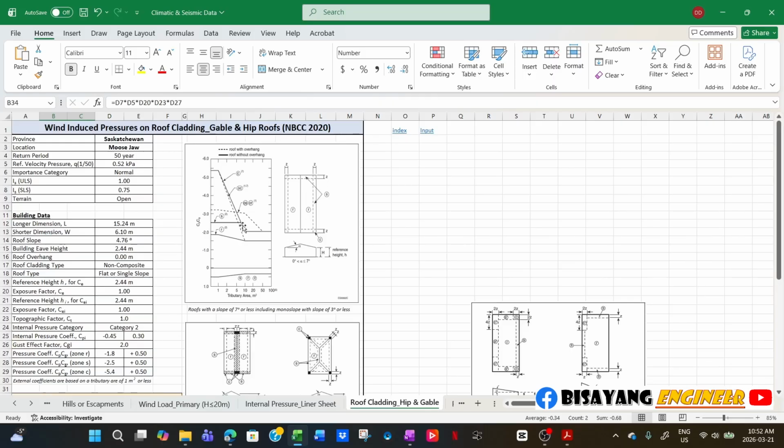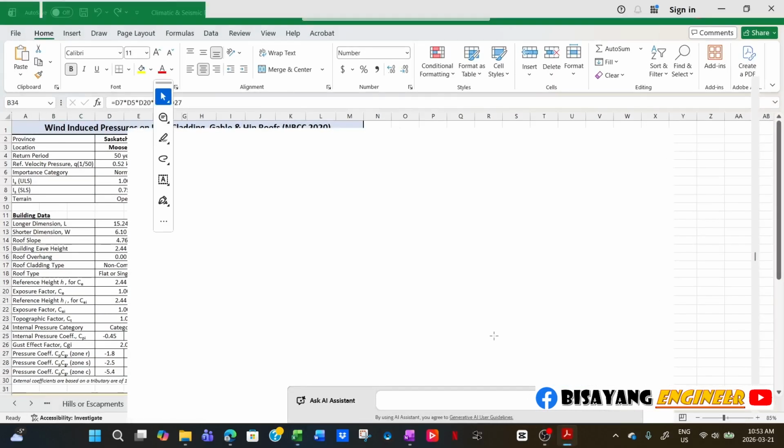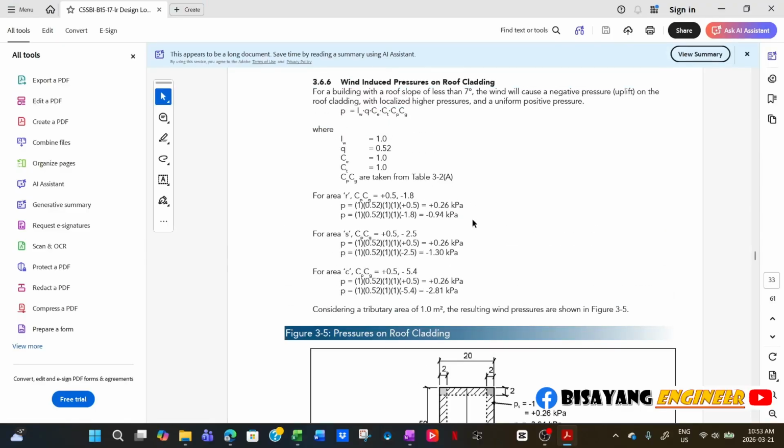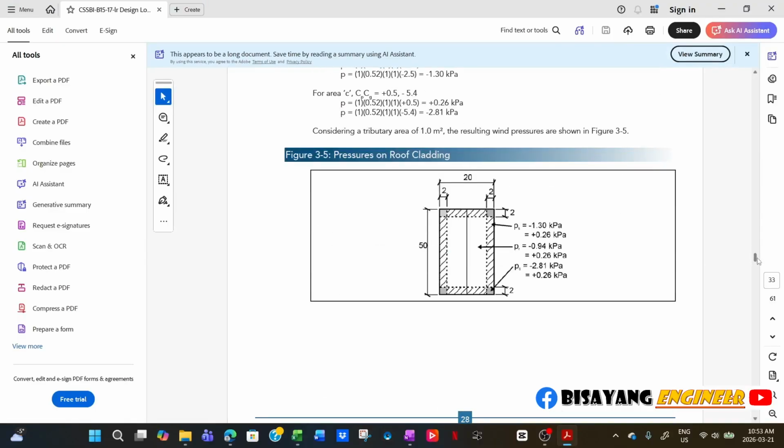So this is the diagram. I will show you how to read this. If you noticed in the sample here, you only show this calculation. I think this is also a table here.